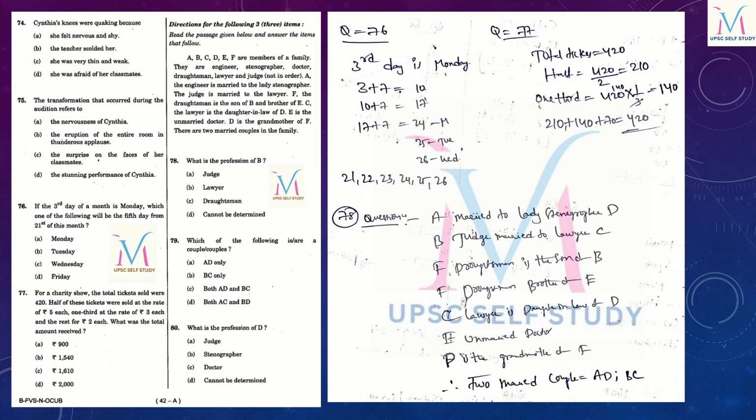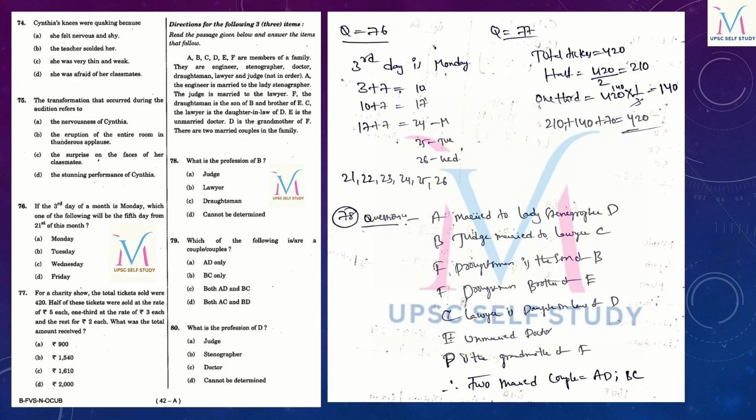So the stenographer is D. And it was said that the judge is married to the lawyer. B is the judge and the lawyer is C. Now we will be going with the questions.